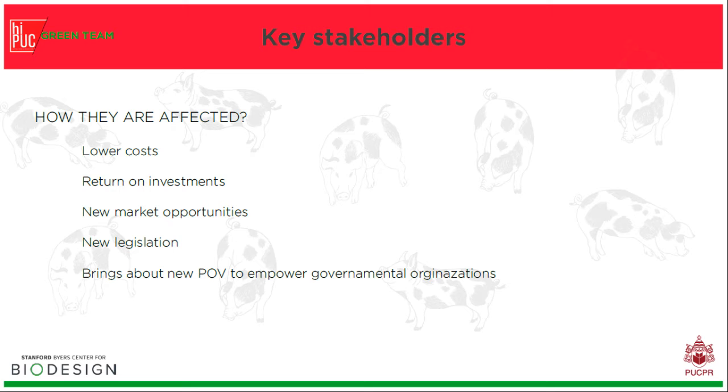And something that's really important is that we think our product could bring about awareness to AMR and therefore provide new legislation, which will empower agencies that already exist in the Brazilian government, like Embrapa and Anvisa, and give a new point of view to solutions that they have been trying to create for years. So AMR has been on the map for years, but has not been able to get passed through Congress because people don't really see it as a problem.